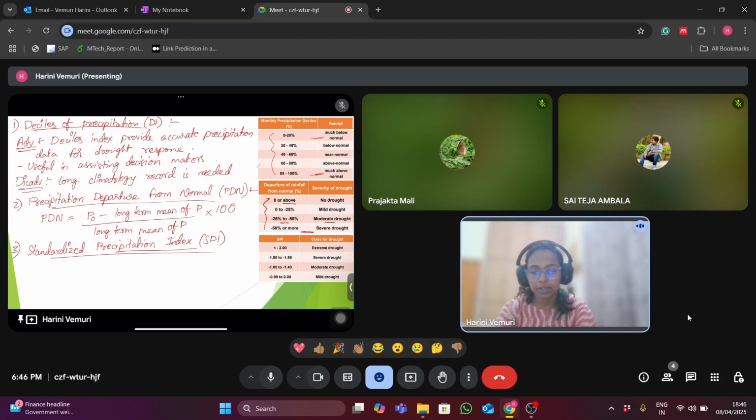Here, 30 years of continuous monthly precipitation data is required, and for that data, we have to fit a gamma distribution function. We have discussed different types of distribution like normal, exponential, right? So in this, for calculation of SPI, we are fitting a gamma distribution function.